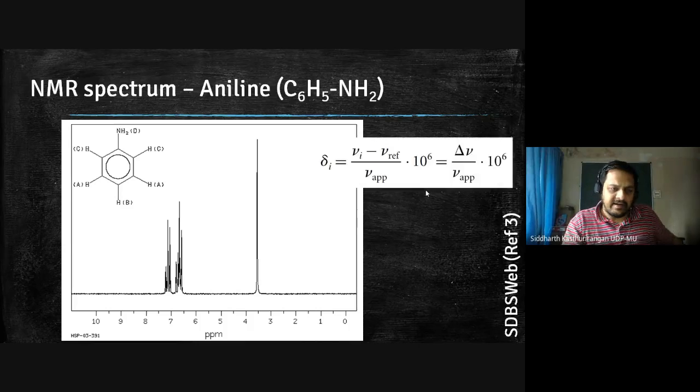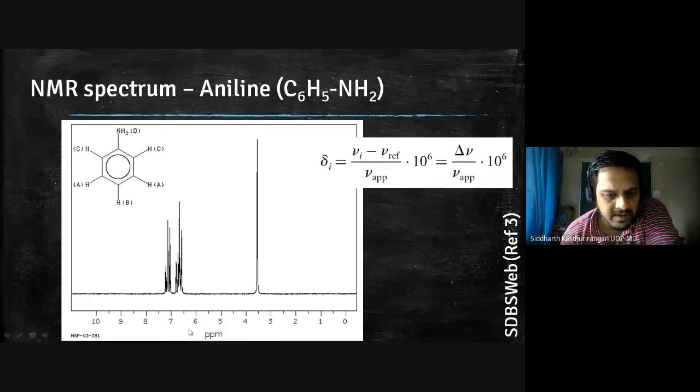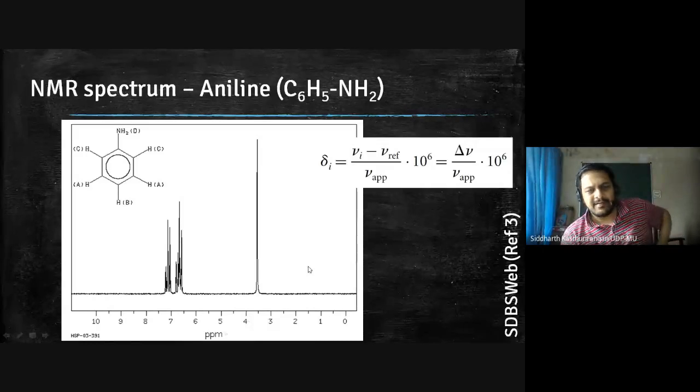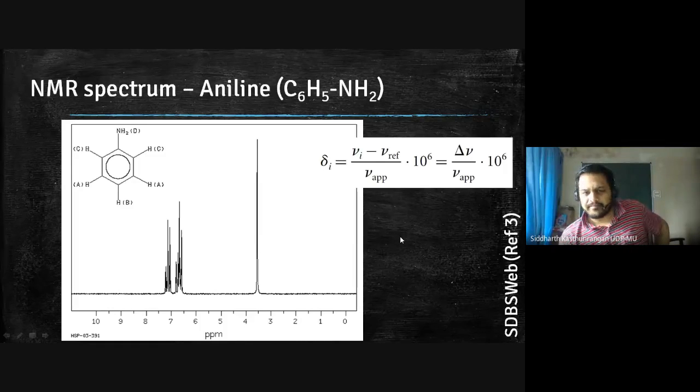The scale on the bottom is called the chemical shift scale, which is basically the absorption frequency for the sample minus some reference absorption frequency, the difference between these two, and it is expressed in parts per million. That is why you are multiplying by 10 power 6 over here. And this chemical shift is measured with respect to a standard sample, which you have to find out. That is homework. What is the standard sample which is used for NMR?